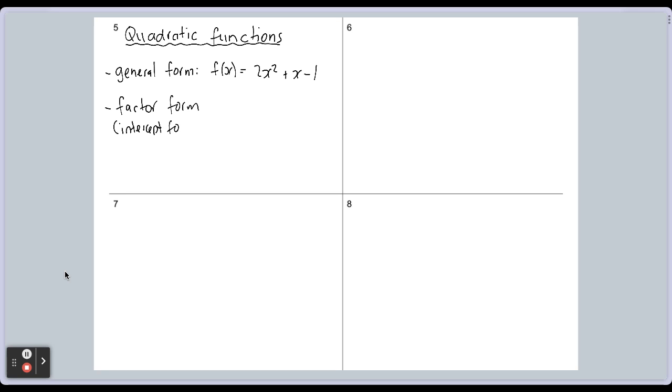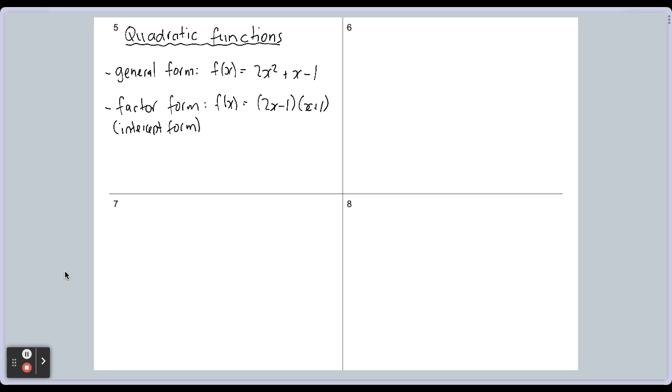So working out the function from the graph, you've got 2 scenarios. You've got either something like this, where you're given 1 point and you're given the turning point.